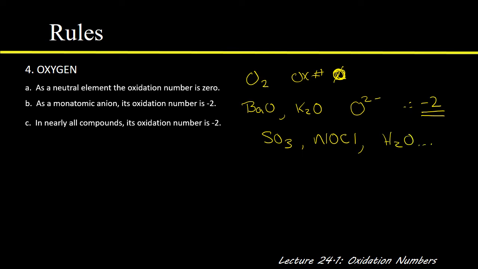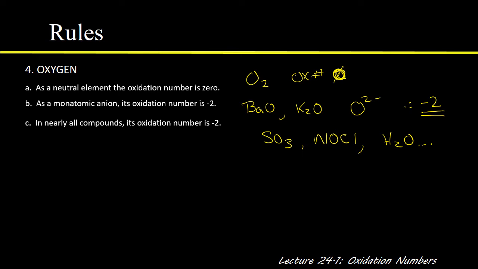In almost everything, it's -2. And that, again, really kind of goes back to the rule that we just had, right? The most electronegative element in a compound gets its preferred negative charge. And oxygen is almost always going to be the most electronegative element.